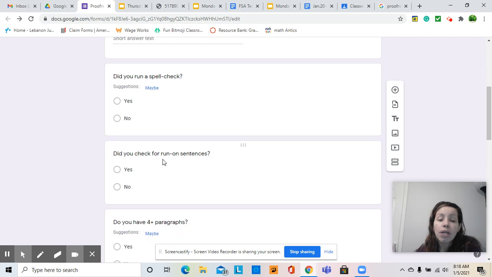Did you check for run-on sentences? That means I need to go back and make sure that my sentences are not too long. If they're extremely long and I've ran out of breath, then it probably needs a comma or a period. Now, the interesting part of this is doing it by taking a deep breath when you're reading at the beginning of each sentence and then reading it without taking a breath.